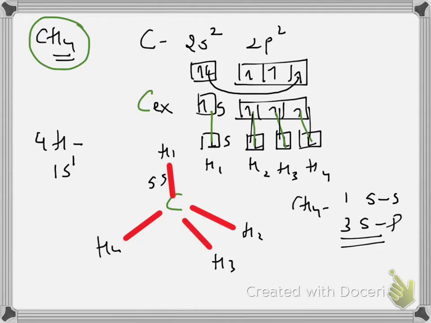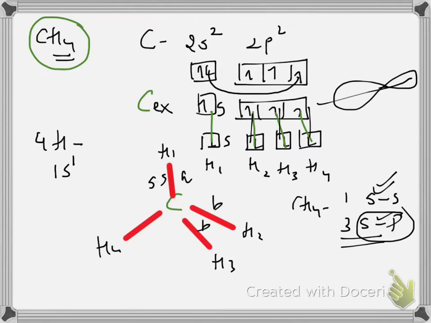There we had 3 s-p. In water also we had 2 s-p, but here 1 s-s and 3 s-p. Definitely there is a difference in the bond length of s-s and s-p. Compared to s-s, s-p bonds are more elongated since p is dumbbell shaped and directional. So in methane we can expect two kinds of bond length: the s-s bond is a short bond and 3 s-p bonds are longer.